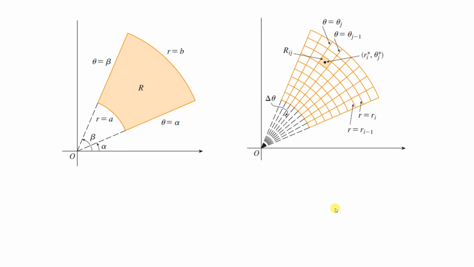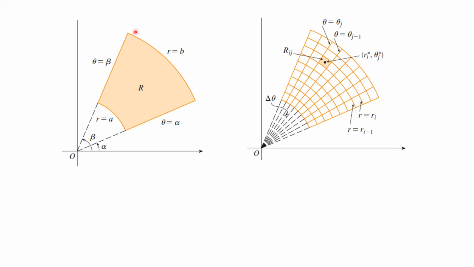This would be the illustration. As we can see here, this is the region R. Then we have here alpha and beta. This would be the width of your theta, which is equal to beta, and this would be the theta equal to alpha.